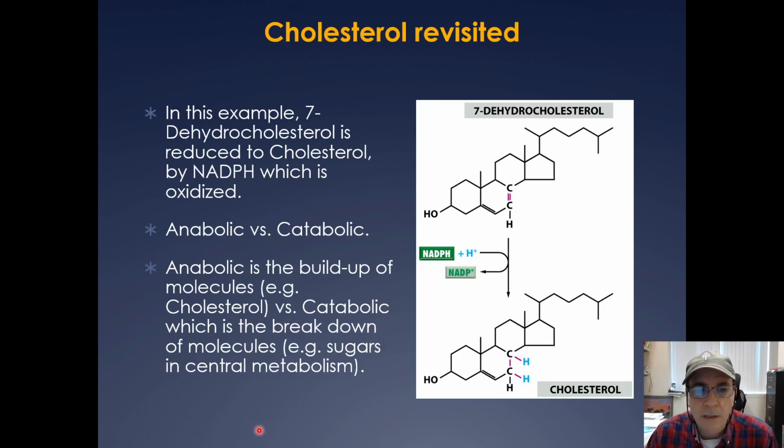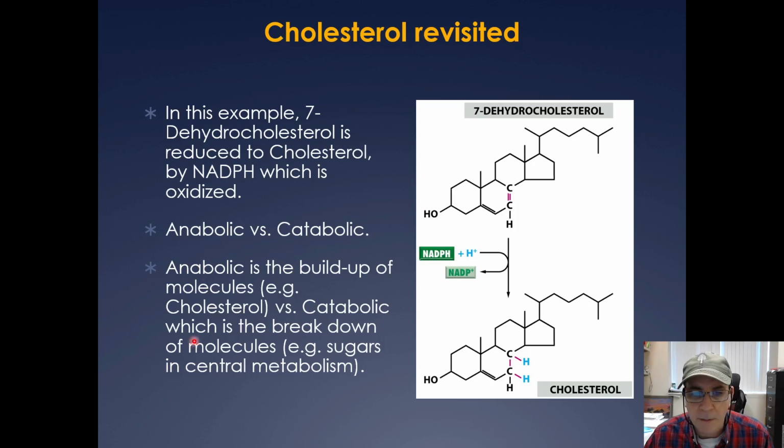And one of the interesting things about anabolic versus catabolic is the amount of anabolic reactions versus catabolic reactions actually changes as we age. Normally younger people have a lot more anabolic processes going on where they're building up molecules, you know, muscle mass and things like that, versus when you get to be sort of a senior citizen, your body starts to break down everything, all of the molecules and sugars.